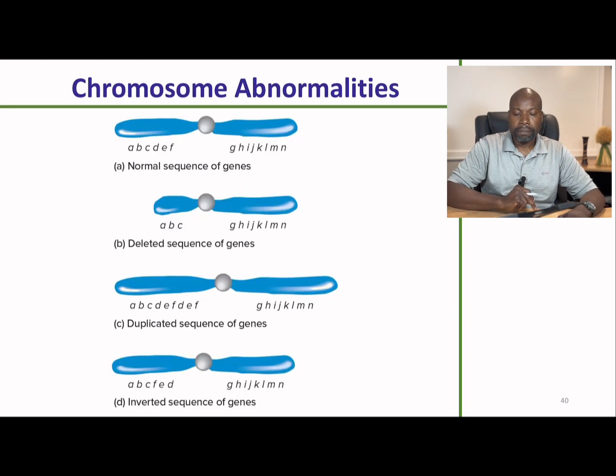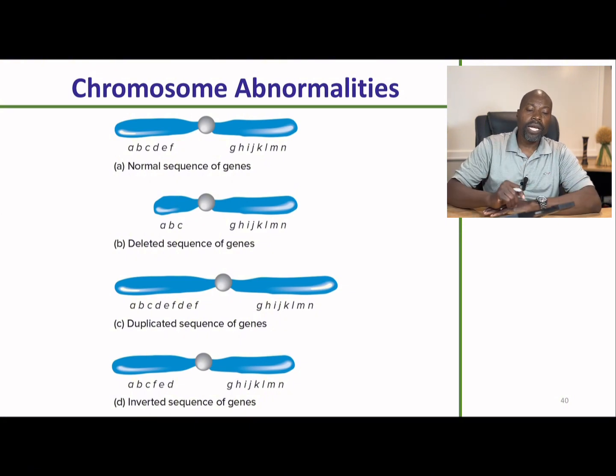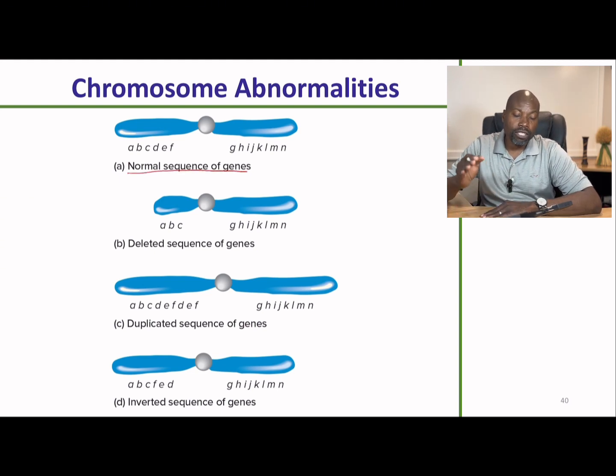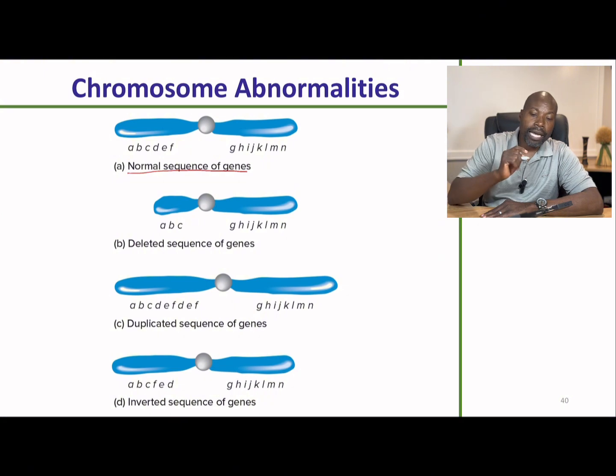All right. So, what are these abnormalities? Here we have a normal chromosome with the normal sequence of genes. So A, B, C, D, E, F, G, and so on and so forth. We can have deletions.